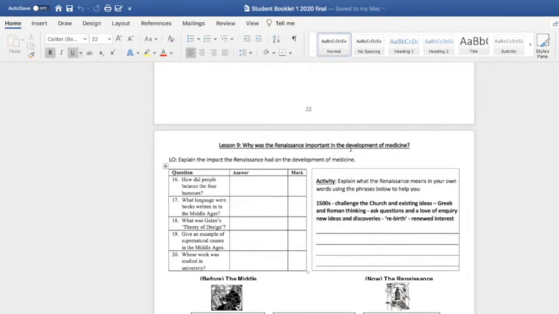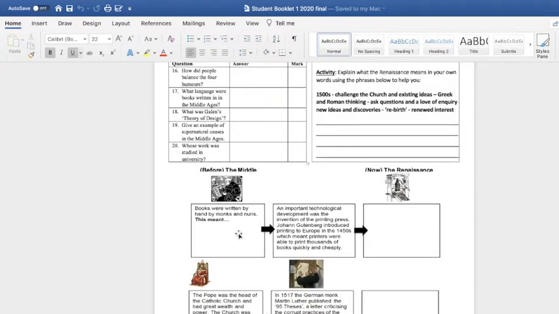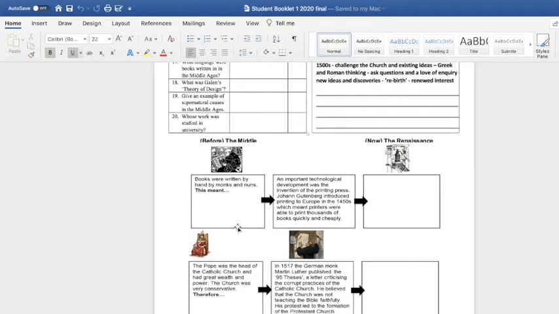Again, our question here is always about the development of medicine. What does that mean for medicine and for progress? Think about how many books are being reached by people, who's able to read them. Think about the language. Think about the people that are actually writing them. Does that mean anything? The purpose for which they're written.